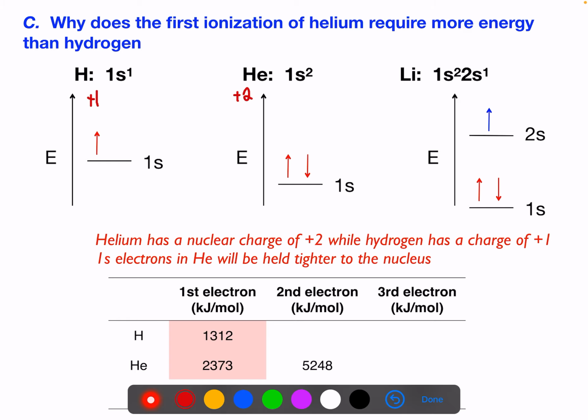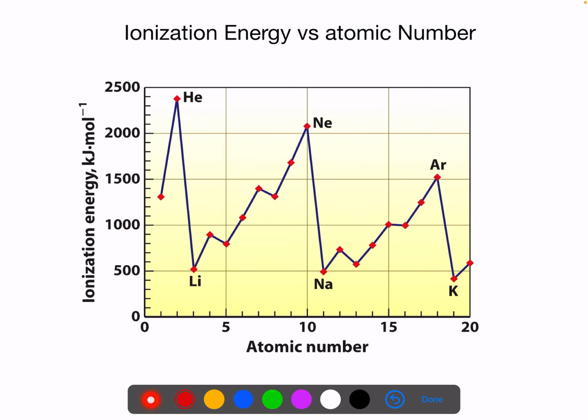So what we can start to do is look at some periodic trends. Here's a nice plot of the ionization energy versus atomic number. Each red square is an element: hydrogen, helium, lithium, beryllium, boron, carbon, nitrogen, oxygen, fluorine, neon.